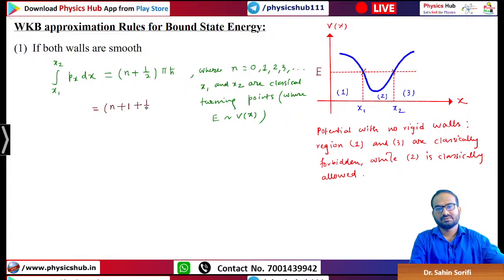So plus half, this 1 was not there, so we are subtracting that 1, minus 1, pi h cut. Now we just replace this variable n plus 1 by m, and we get the integral x1 to x2 of p dx equal to (m minus half) pi h cut.